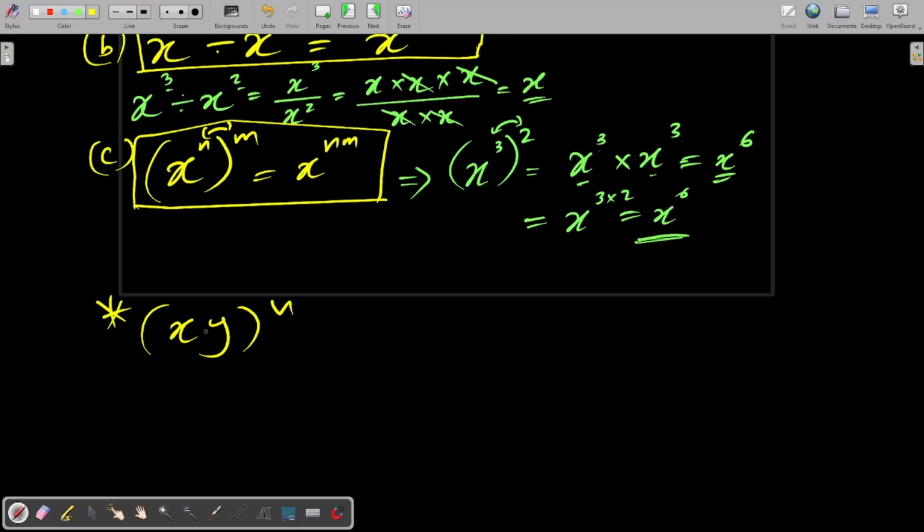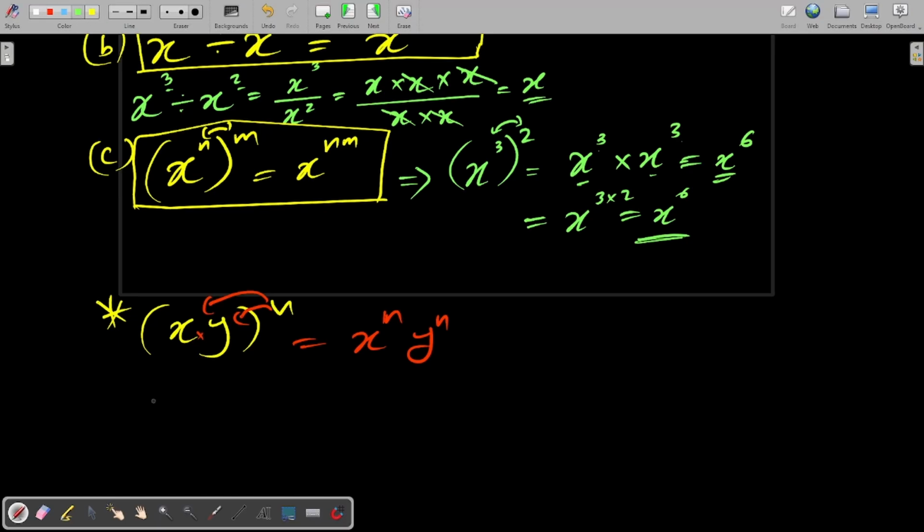In such situations, you can consider this n is common to both. So you can expand this bracket as x to the power n times y to the power n. That means this power belongs to both of these. Keep in mind, there should always be a multiplication between these two terms, otherwise this cannot be done.